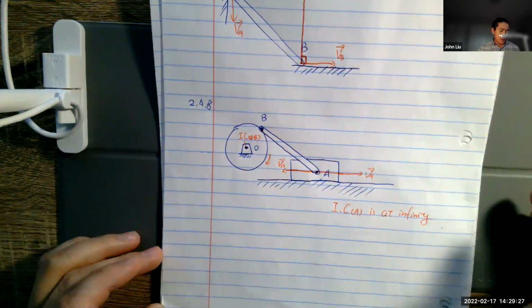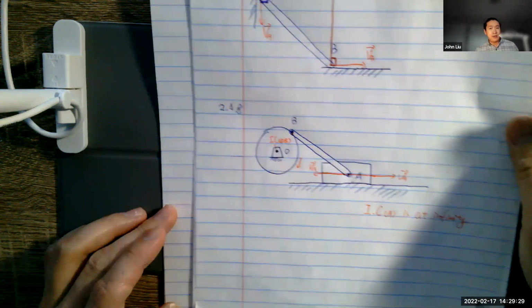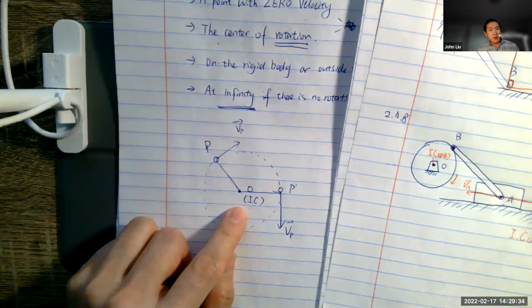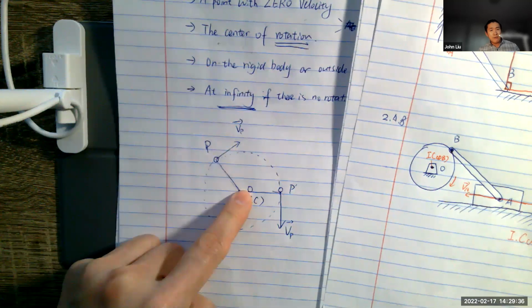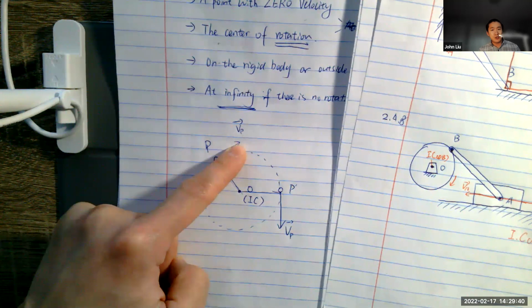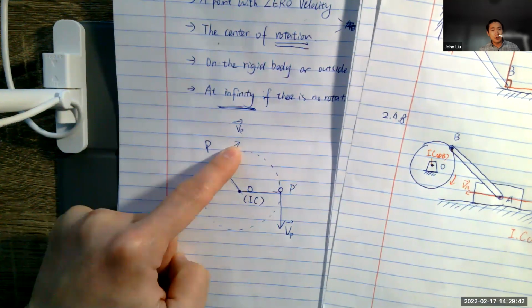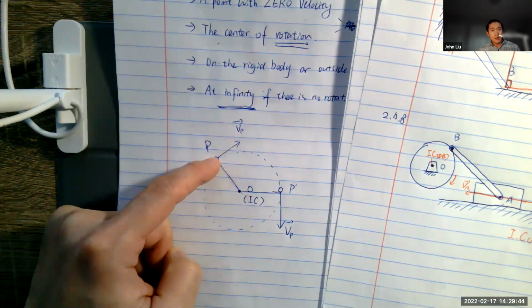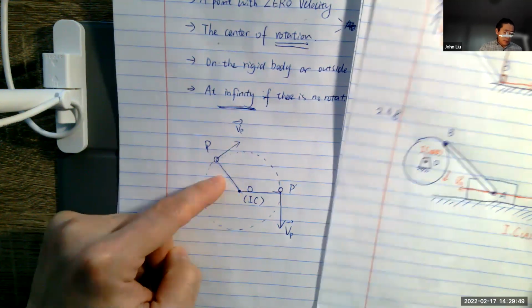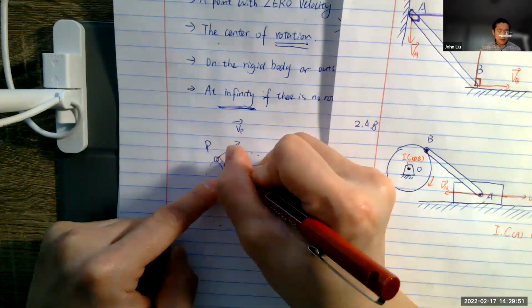If you're not sure, let's take a step back. Remember this example? Particle P is rotating about O. Then we can easily figure out the direction of VP, which should be perpendicular to the line from P to O. So they must be perpendicular, 90 degrees.